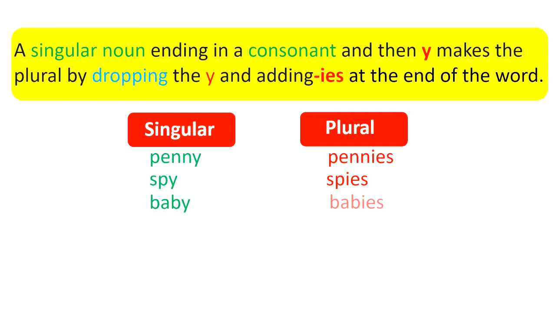Baby, babies. City, cities. Daisy, daisies. Here we can see that the word penny ends with the consonant n and then y follows it. So here we dropped y and added ies to form the plural.